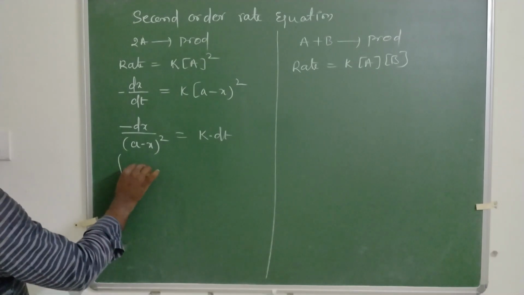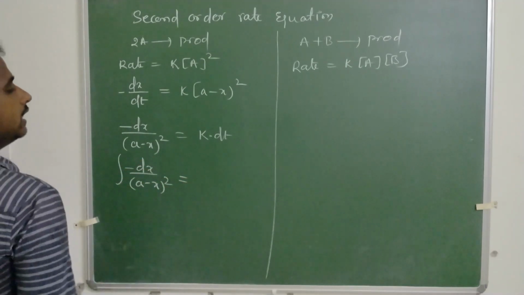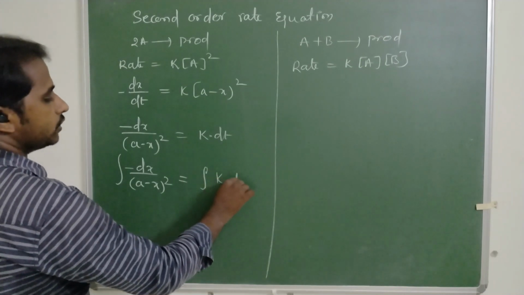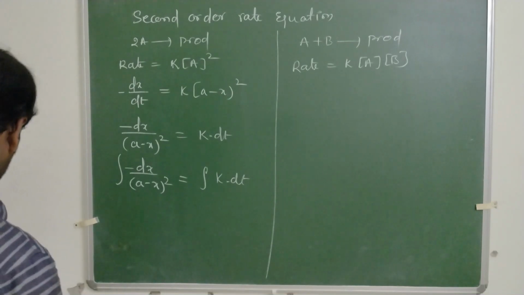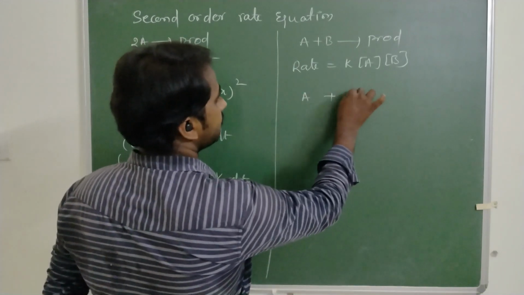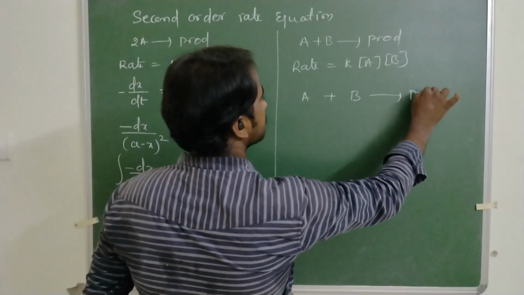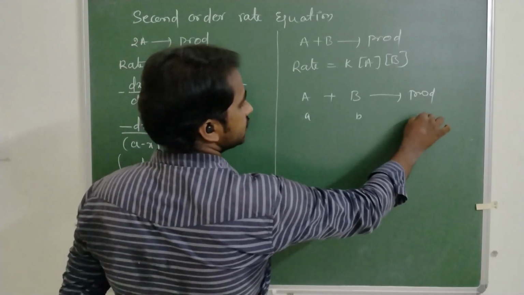On integration of both sides, dx by (a minus x) whole square, and integration of k into dt. Upon doing all these calculations, we will get the result. So how can we write it when A plus B gives rise to products? The initial concentrations of A and B are a and b.